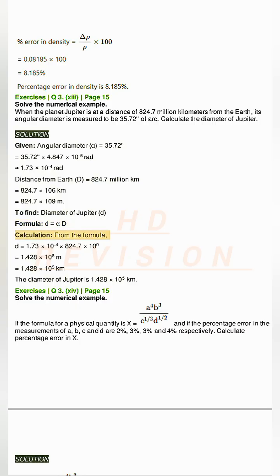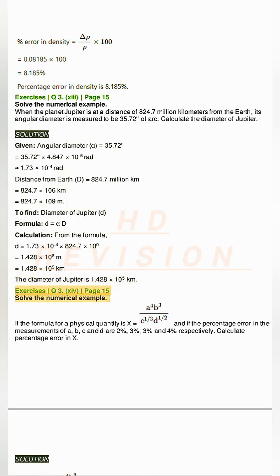From the formula, d equals 1.73 times 10 to the power minus 4 times 824.7 times 10 to the 9, equals 1.428 times 10 to the 8 meters, equals 1.428 times 10 to the 5 kilometers. The diameter of Jupiter is 1.428 times 10 to the 5 kilometers.